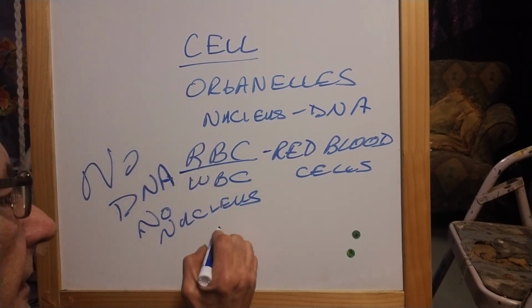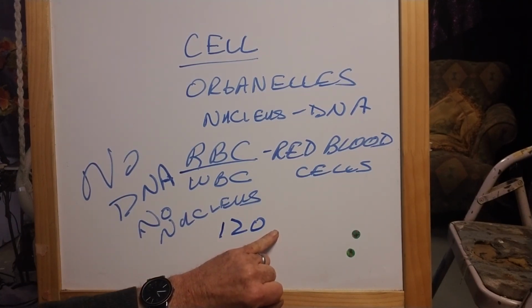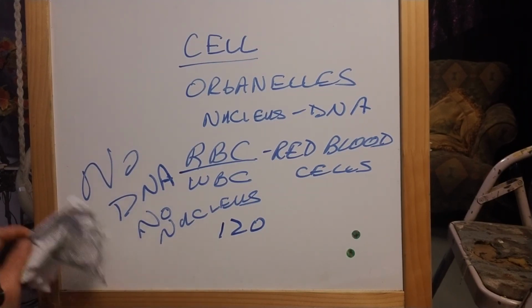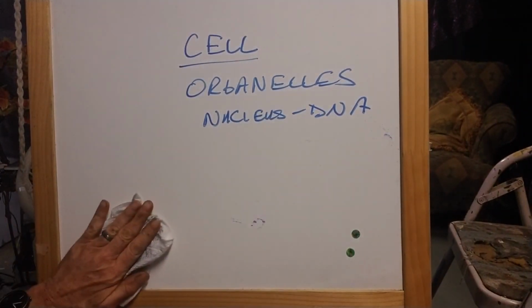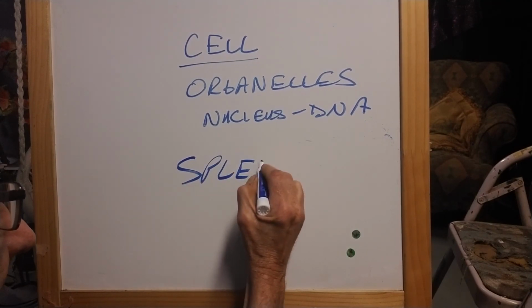Red blood cells last for about 120 days. So in other words, within the last year, you definitely have totally different blood. Red blood cells are broken down by the spleen.